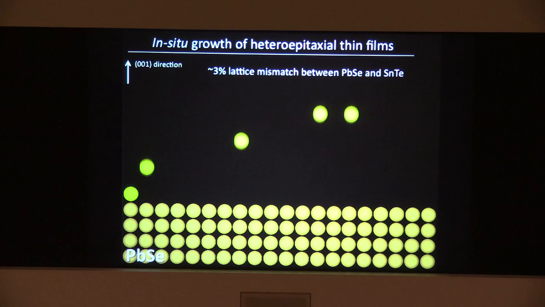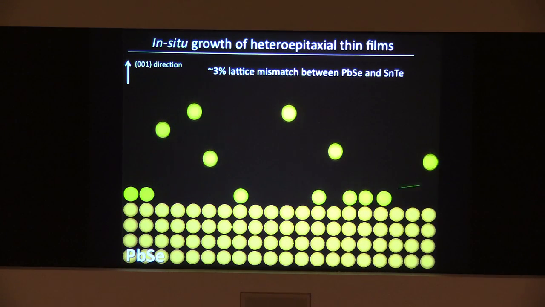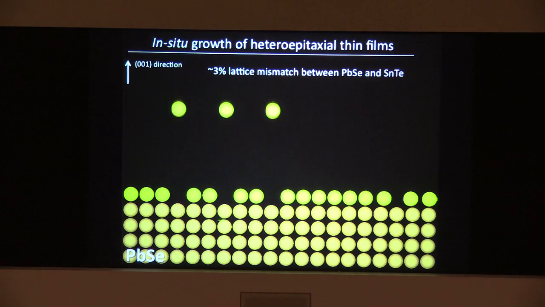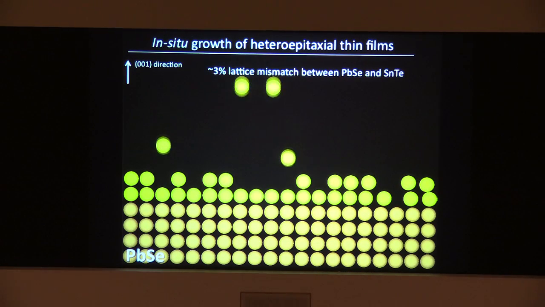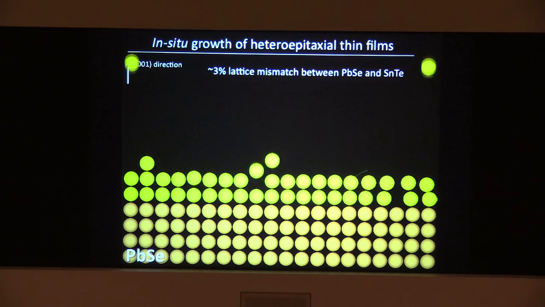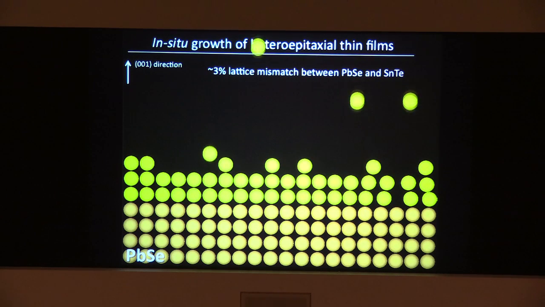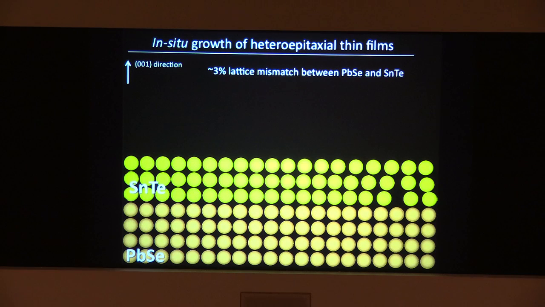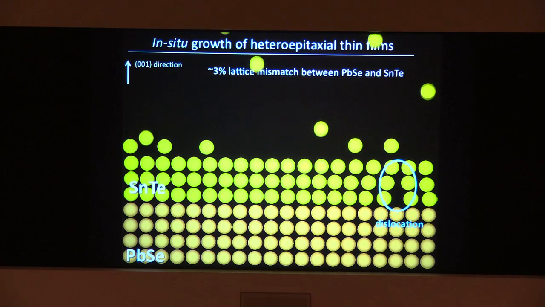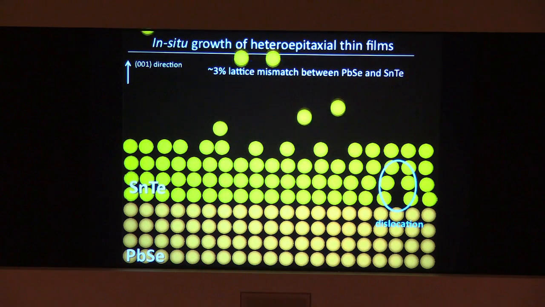And as they're falling, the first layer is extremely strained because it wants to match this lattice constant. The lattice mismatch is about 3%, okay? But as more atoms fall, you create these dislocations, and these dislocations are created to relieve the strain. And as more and more layers are formed, you have a denser and denser network of dislocations in the system.